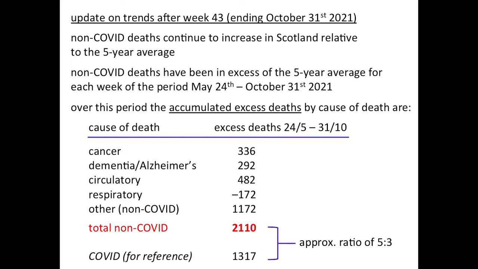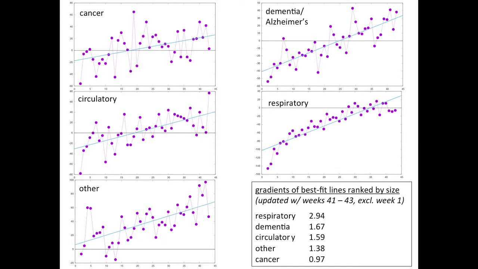If I go back one slide here, if we look at a particular cause of death, let's just take circulatory as an example. Let me focus on this period, week 21 through to 43. And again, that period is important because the overall non-COVID deaths are in excess for that entire period.